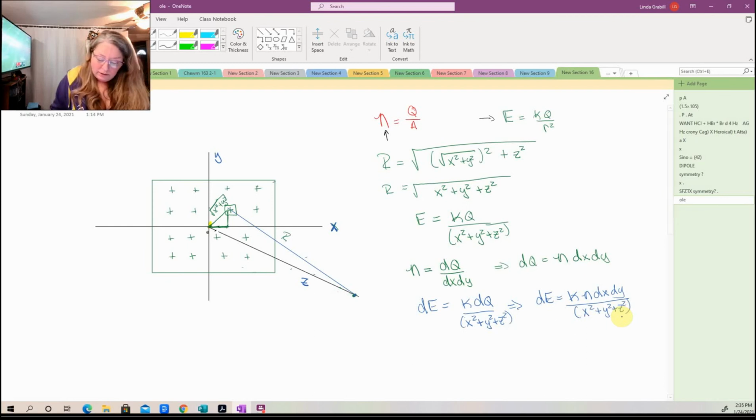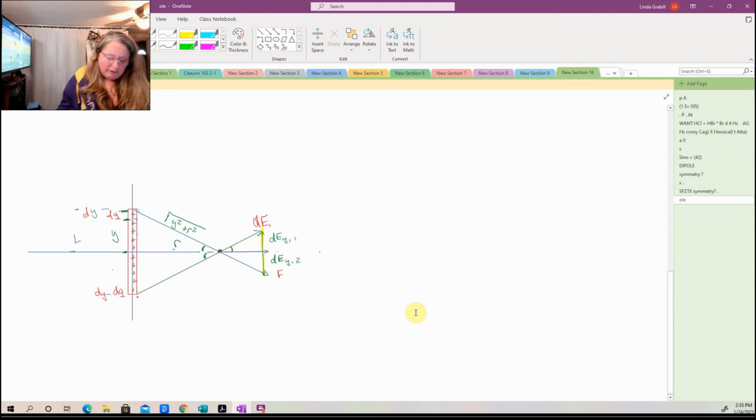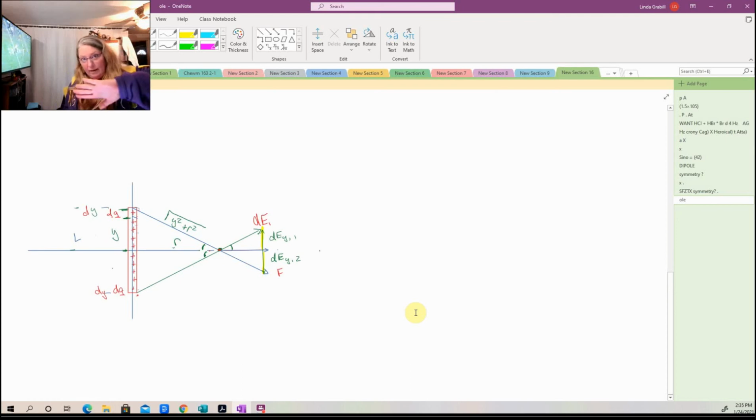Now let's think in terms of what pieces are going to go away. What's nice with all of these things is that we are going to have symmetry components. What's harder to see on here is that we're essentially repeating this process. So this is kind of looking flat on to my z.